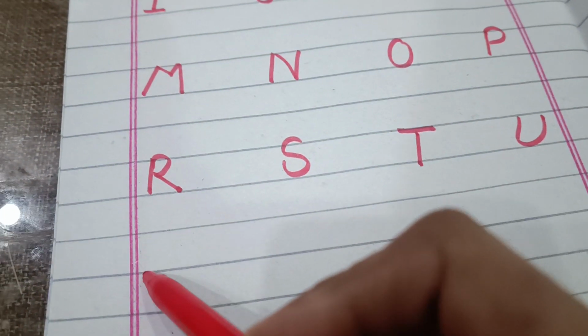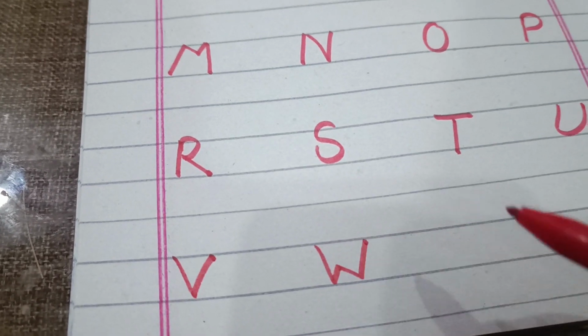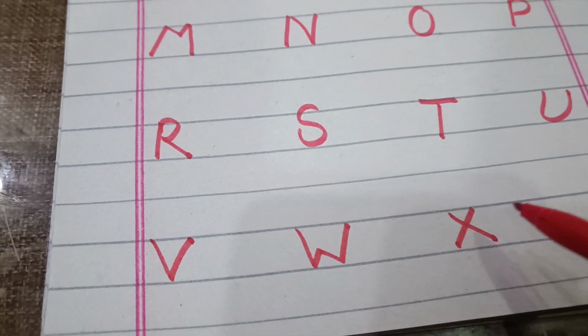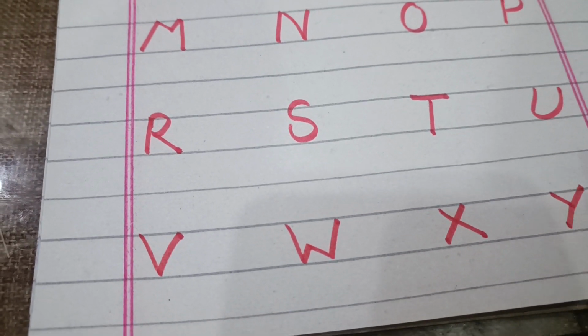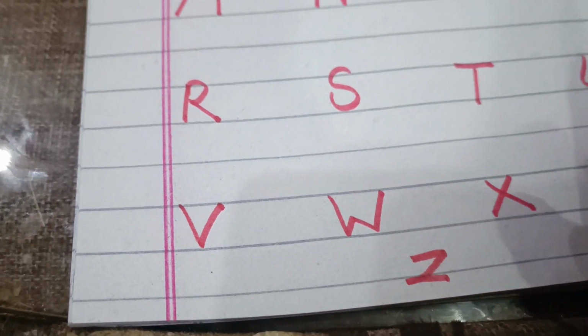This is a V for van, W for watch, X for x-ray, Y for yard, this is a Z for zebra.